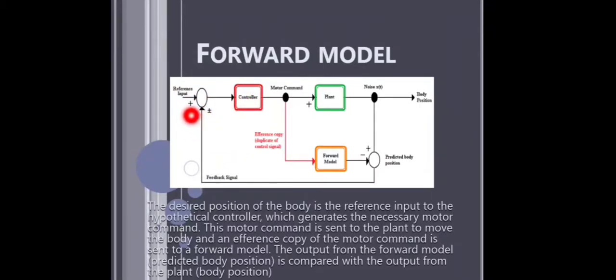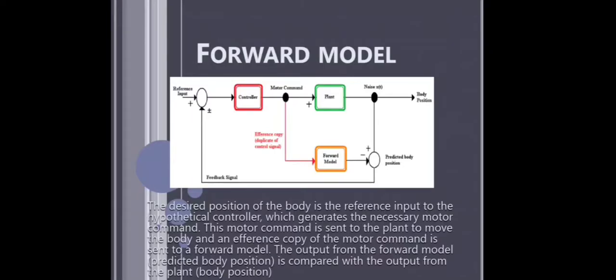So diri as a controller, automatic na mag-generate na og necessary motor command. Then kaning motor command automatic na pud na mag-send sa plant og katong information or katong input. Then samtang sending na ang command, mag-send pud ni siya og efferent copy padung sa forward modal.